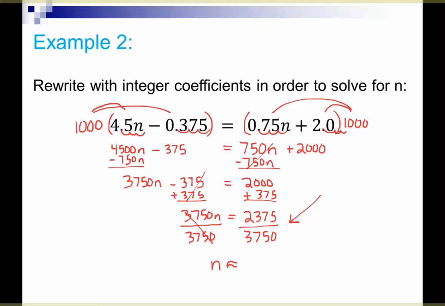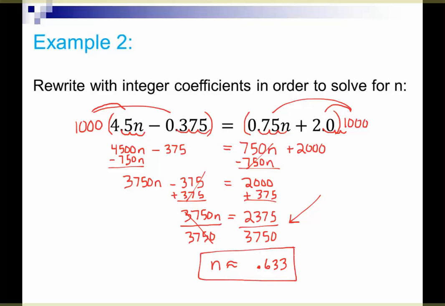So you should have 2,375 divided by 3,750. And looks like you get 0.63 repeating with the 3 repeating. So when we round that to the nearest thousandths place, 0.633 would do it. And you don't need that 0 there. It's optional, so even just 0.6333 would be correct. And hopefully you got that one right.